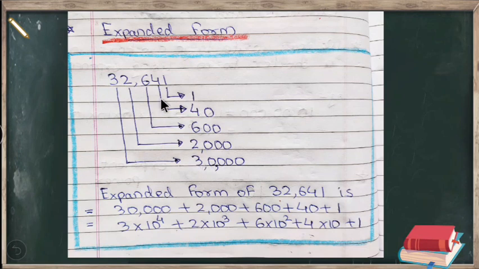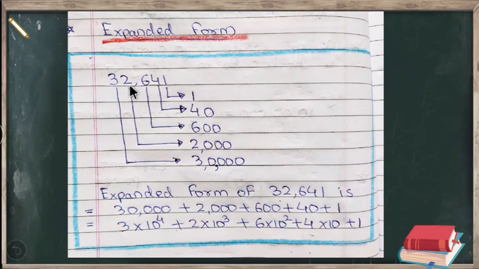You can also remember this like this. In the ones place we will write 1, then comes 4, so we will write the number 4. After 4 we have only one digit, so we will put only 1 zero. Then comes 6, we will write 6 as it is, and after 6 we have 2 digits, so we will write 2 zeros.